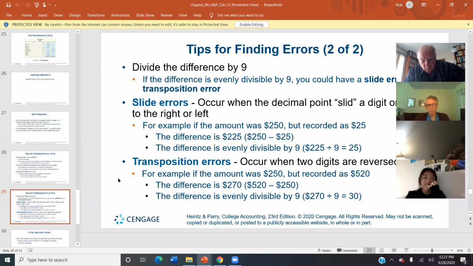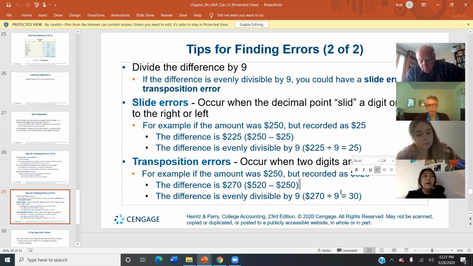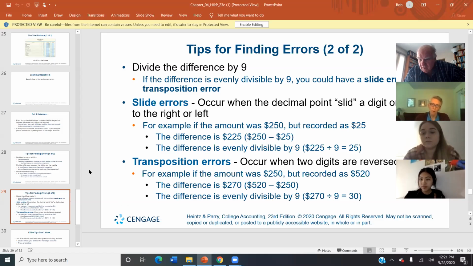In this case, the amount you wanted to put in was 250, but you put in 520. Now you're off, it's wrong. The difference between any such error is always divisible by 9. Isn't that amazing? So if you put in 81 and you meant to put in 18, the difference is 63.